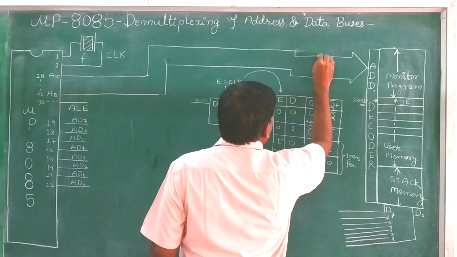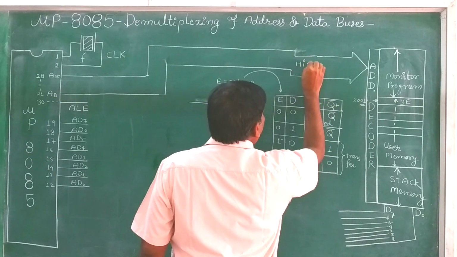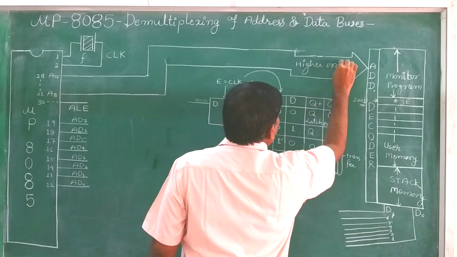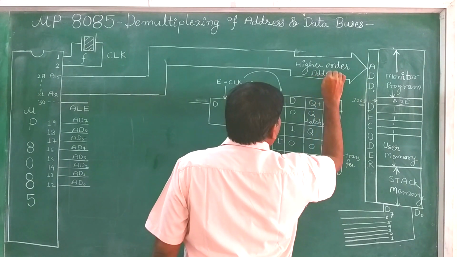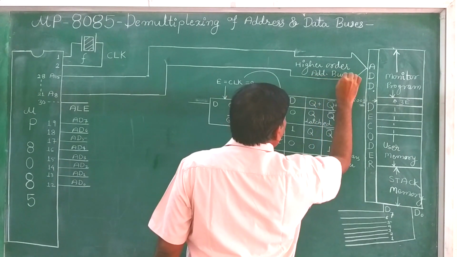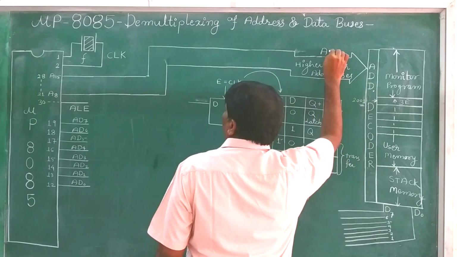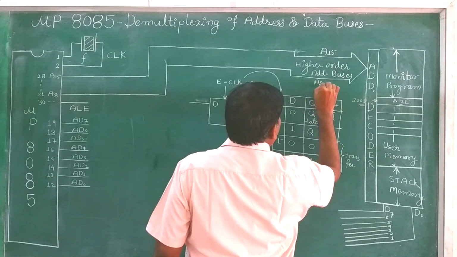As we have connected here, these buses are higher order address buses, ranging from A15 to A8.